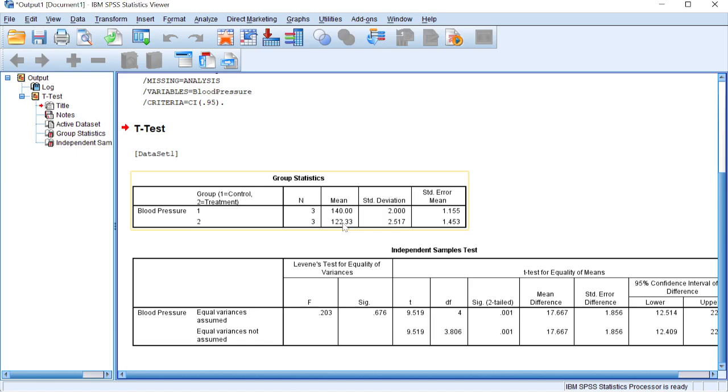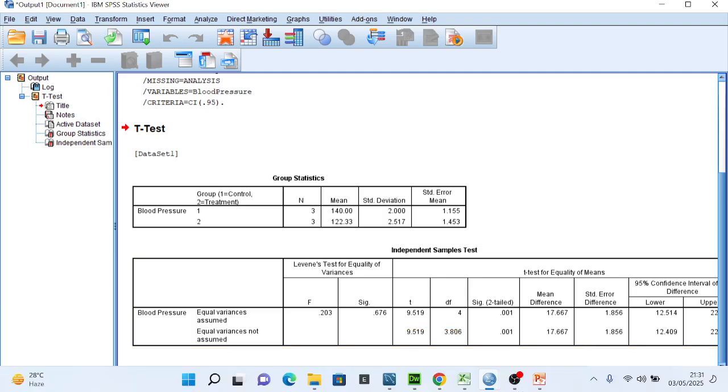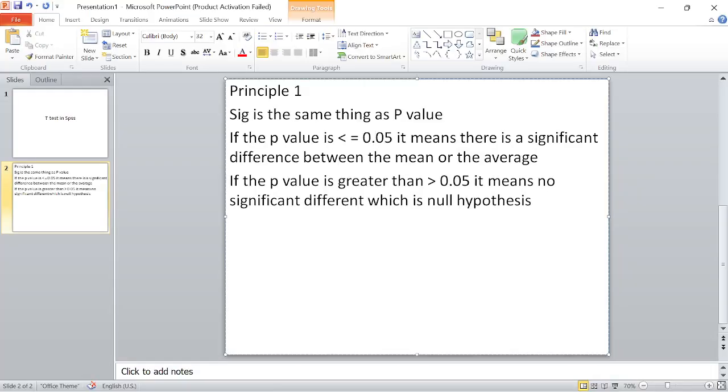But you can't conclude from this alone. You still need to look at what we call the T test, the T value. What is the meaning of this T value? Let me write the principle again. Principle two.